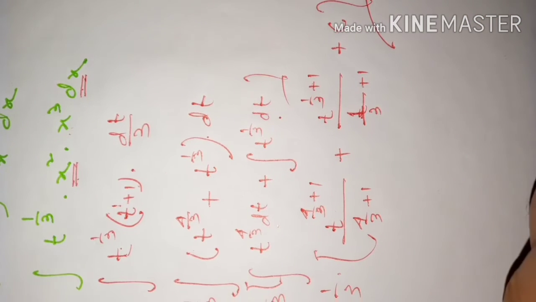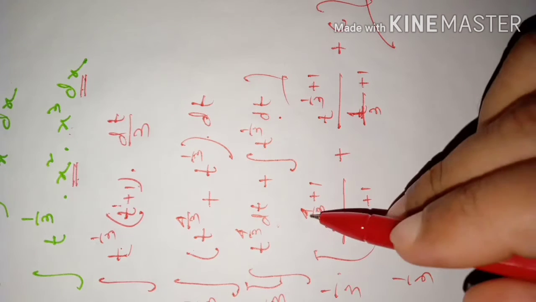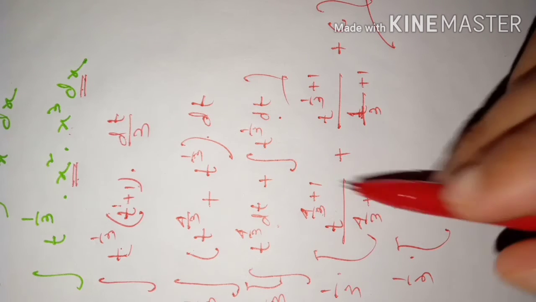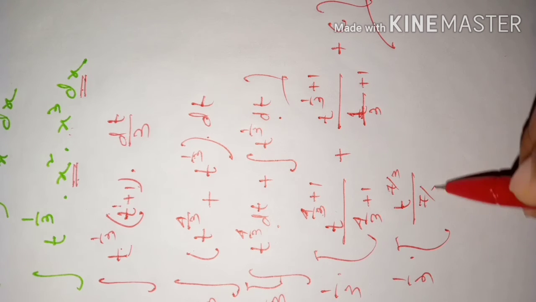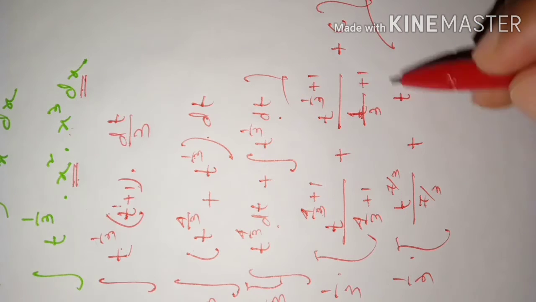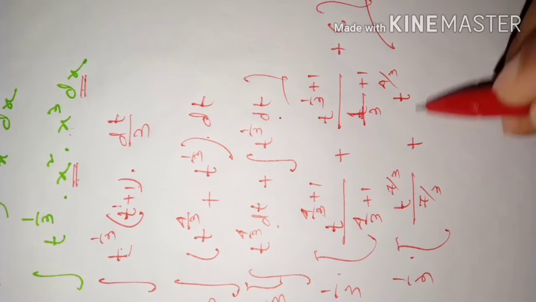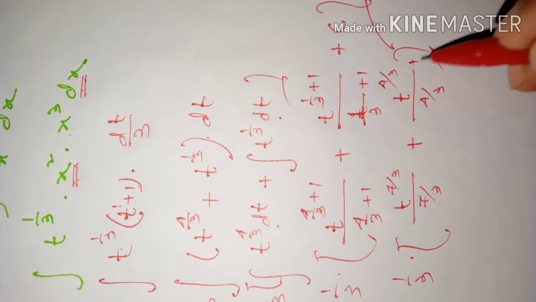So the final thing will be 1 by 3 into t to the power of 4 by 3 plus 1, that is 7 by 3, divided by 7 by 3, plus t to the power of 1 by 3 plus 1, that is 4 by 3, divided by 4 by 3, plus c.